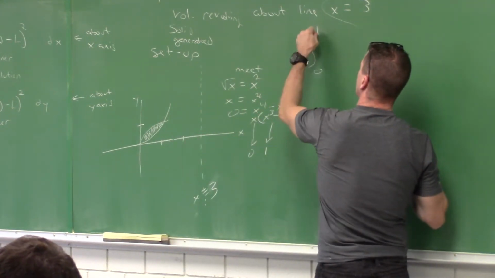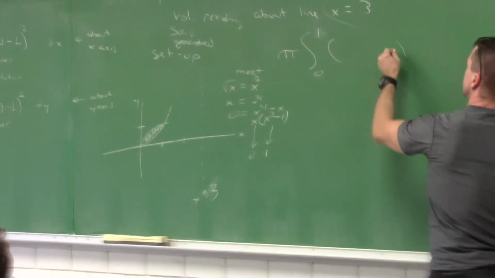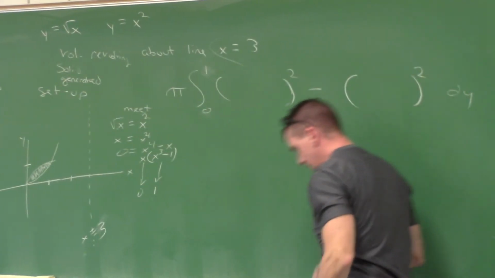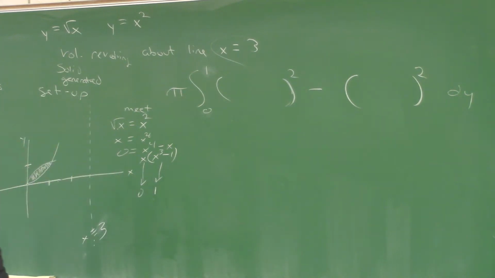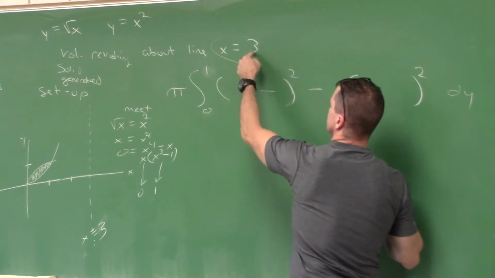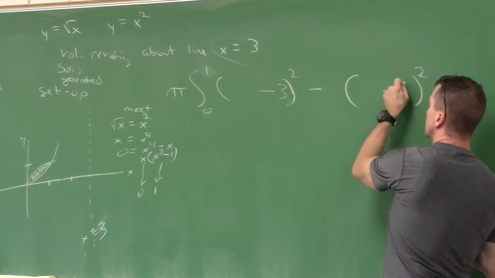I'm going to go 0 to 1. I'm going to put my pi. Squared. Squared. Let's do a function right here. Minus, what's this number? 3. Over here, minus a 3.